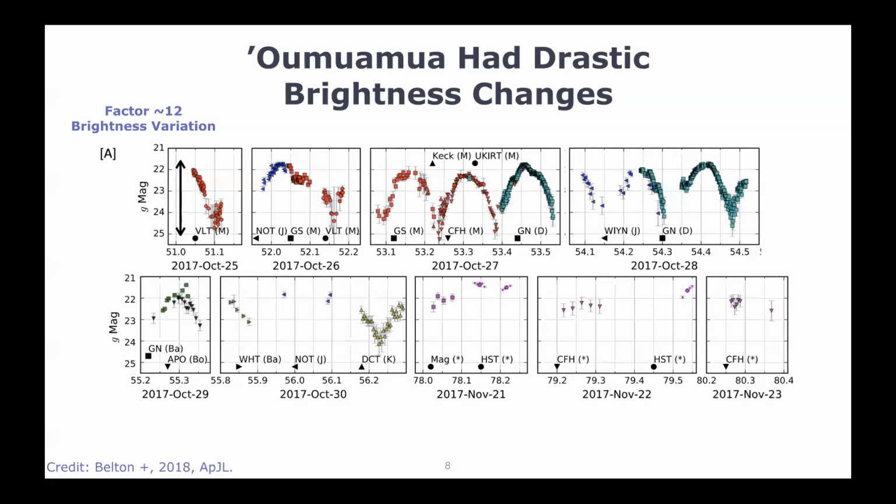Also, if you look at the composite light curve, these are the brightness variations of Oumuamua over the couple of weeks when it was observed. You can see that it exhibited very drastic brightness variations. The brightness was changing from brightest to minima by about a factor of 12, periodically every 4 hours.